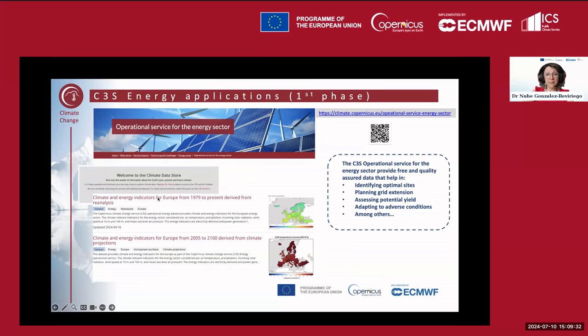Currently, you can find the climate and energy indicators of this first phase of the operational service at the Copernicus Climate Data Store. And you can find both climate and energy indicators for Europe, for historical and for future climate change projections.